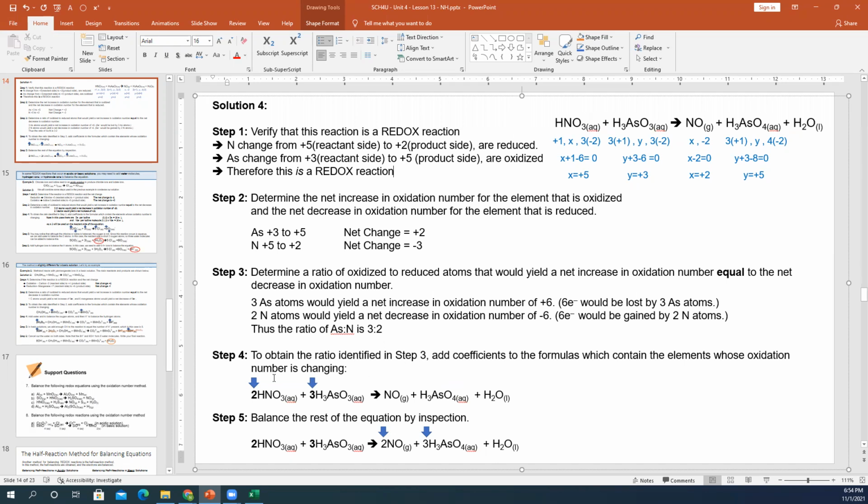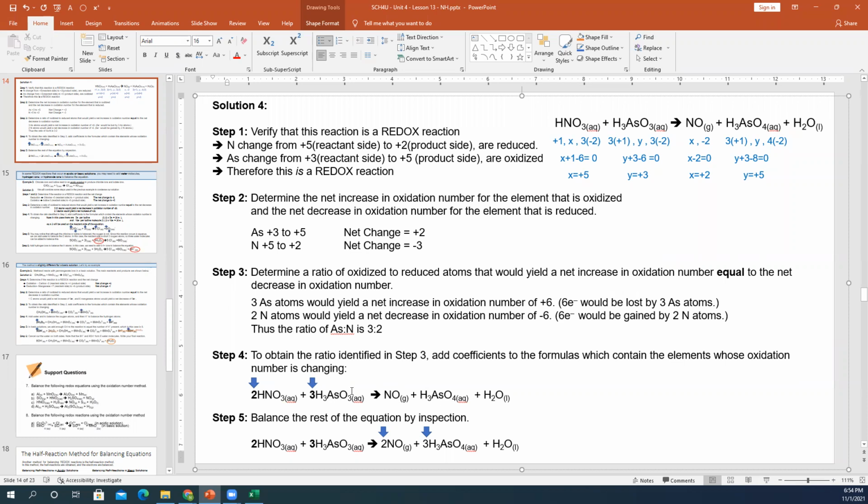So we put down the 2 over here, and we put down the 3 over here, right? Because that's where there is the AS, and the 2 is where the N is here. So 2 here and 3 here.